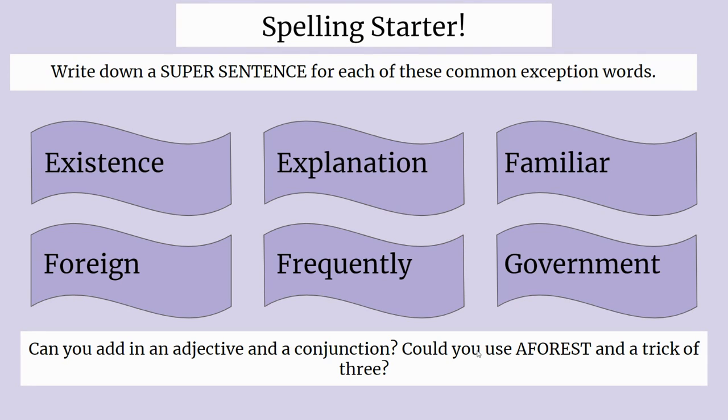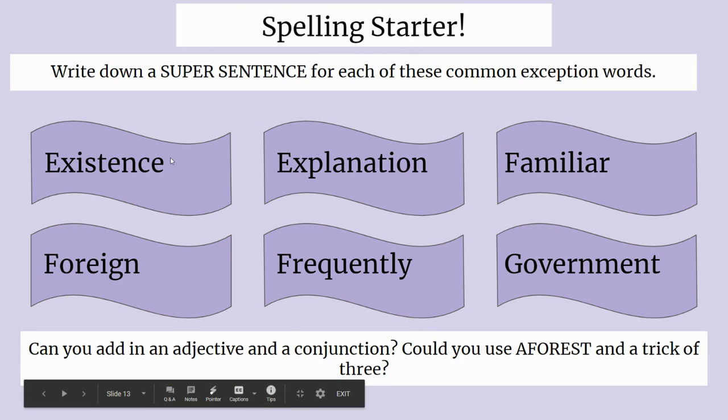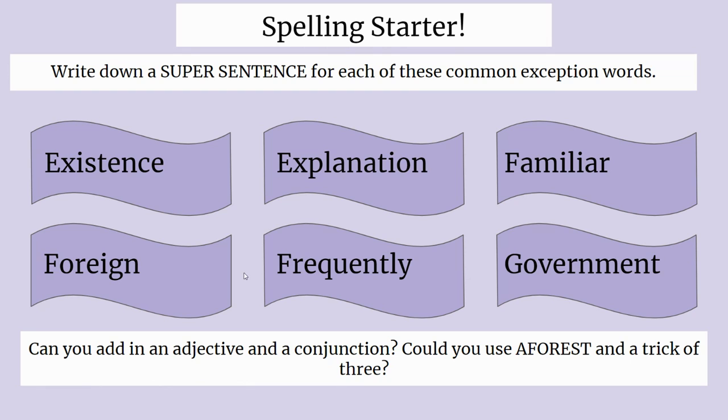But before we get on to explaining that, as you know, we always start with our spelling starter. Today, we are going to be writing a super sentence for each of these common exception Year 5 and 6 words. Yesterday in the teaching point, we went through each of these words: existence, explanation, familiar, foreign, frequently, and government.